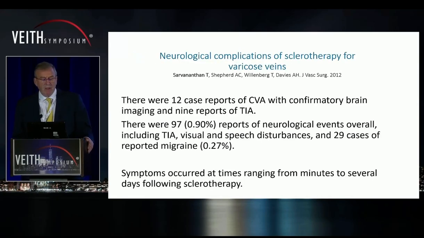Neurological complications. According to a study published in 2012, there were 12 case reports of cerebrovascular accident with confirmatory brain imaging and 9 reports of transient ischemic attack. There were 0.9% reports of neurologic events overall, including TIA, visual and speech disturbance, and 29 cases of reported migraine, 0.26%.